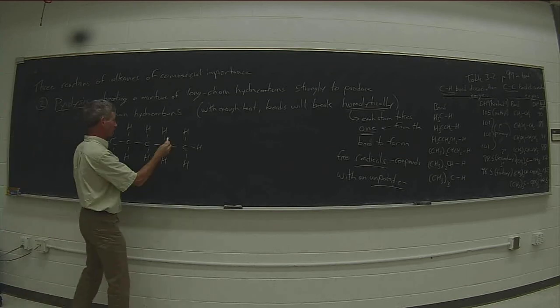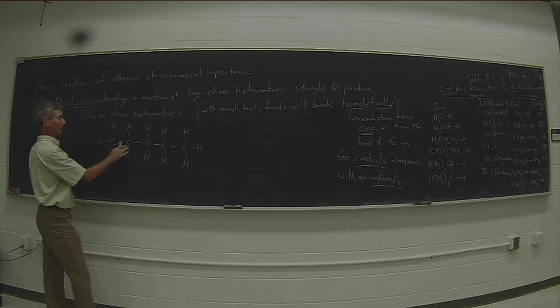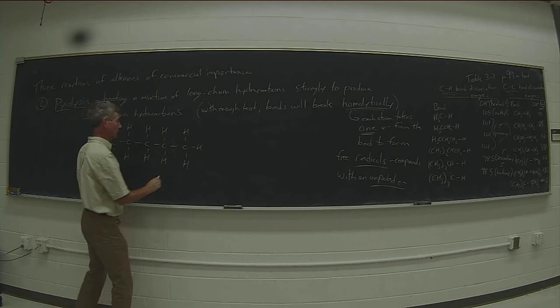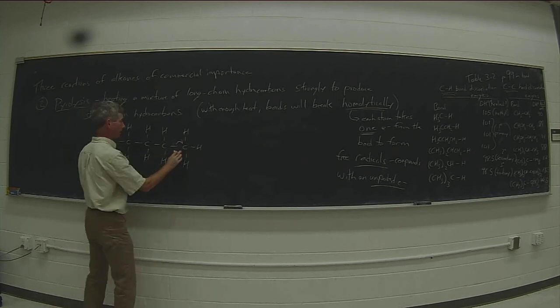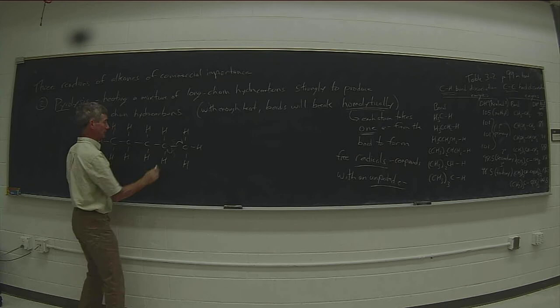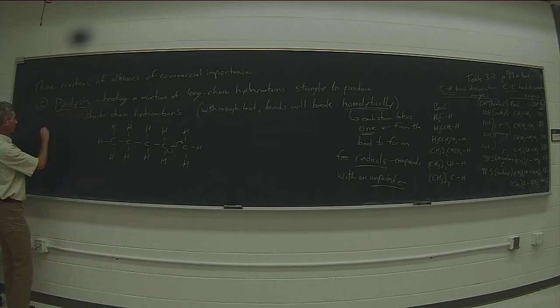So we can break 2 different types of carbon-carbon bond here. If we break this one, 1 electron goes that way, 1 electron goes that way, and we use curved arrow notation with 1 arrowhead. This is 1 electron moving, and with 2 arrowheads, it's 2 electrons.